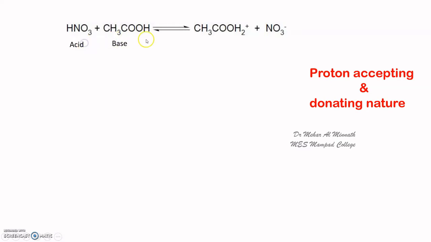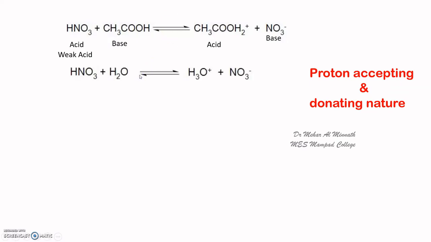Then you have the corresponding conjugate acid and conjugate base. Here HNO3 acts as a weak acid because acetic acid does not have a great tendency to accept the released proton. So the proton releasing capacity of HNO3 is brought down. Thus it acts as a weak acid.